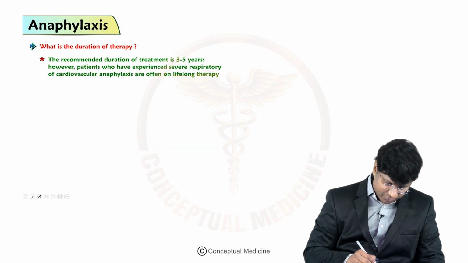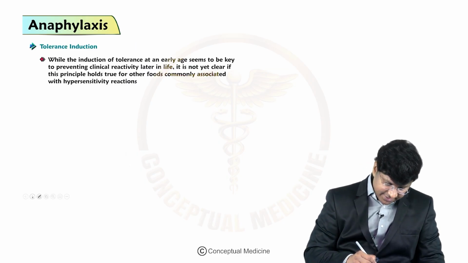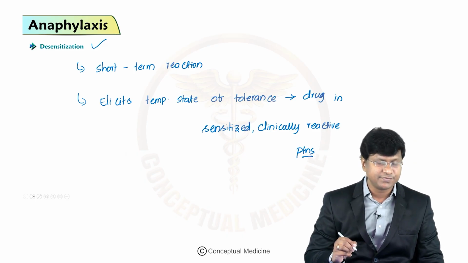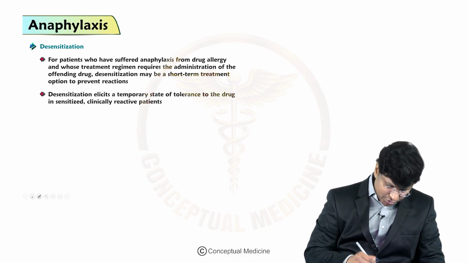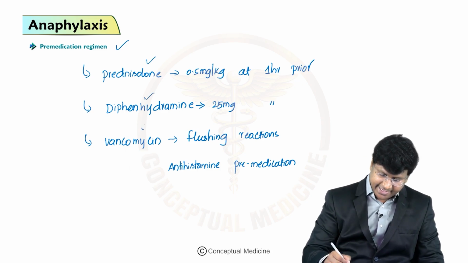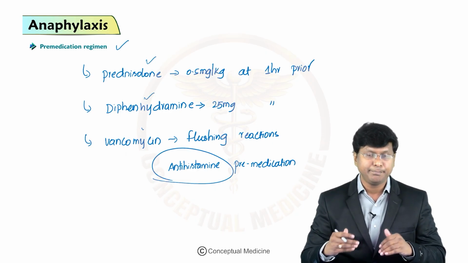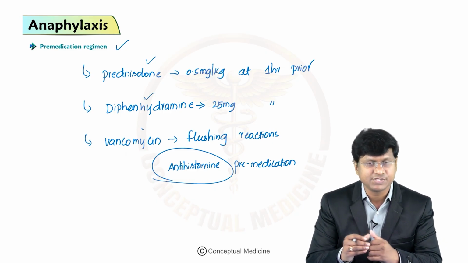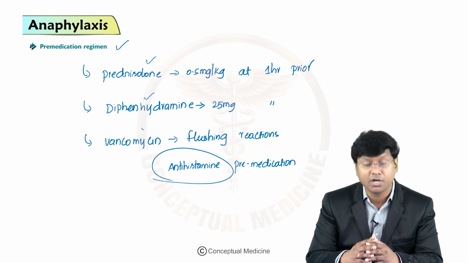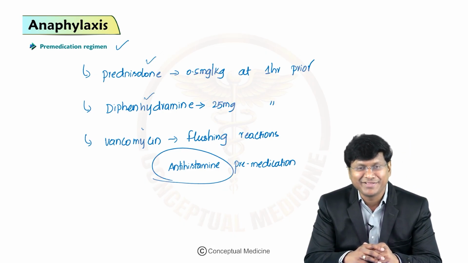Then another modality is tolerance induction, which has to be done at an early age, followed by desensitization, which helps as a short-term measure. Pre-medications like prednisolone, diphenhydramine, and antihistamines have to be given, so that will help in preventing the development of anaphylaxis whenever you are giving contrast agents or vancomycin. So this is in detail about anaphylaxis. Thank you very much.